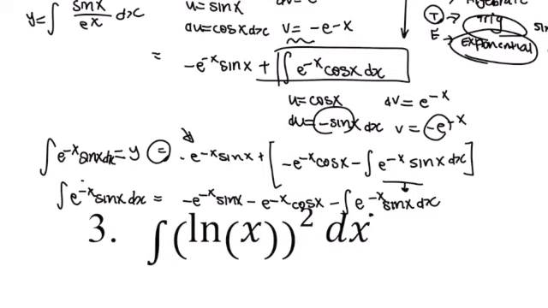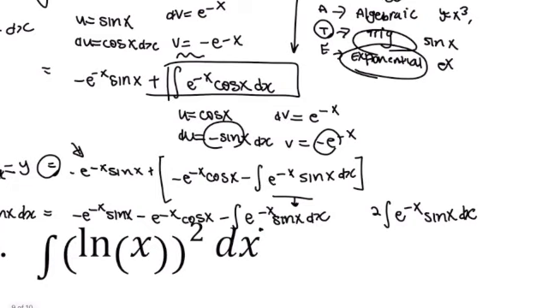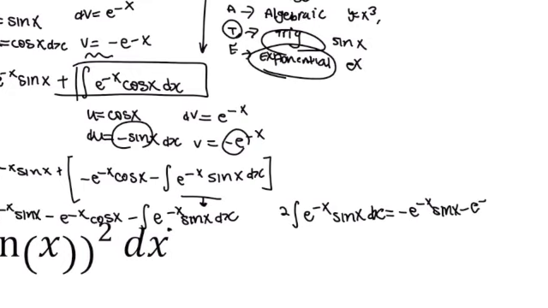So let's try to move this to this side so that we can combine the like terms, and then we will get 2 times the integral of e to the negative x sine x dx, right? And that's equal to negative e to the negative x sine x, negative e to the negative x cosine x, okay?